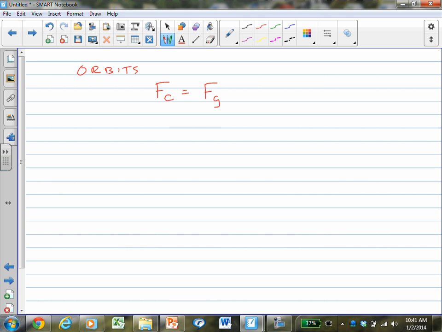So if we start with the formula g equals G times the mass of the planet over r squared, and if we realize that g is an acceleration in centripetal movement, then from before, remember ac was v squared over r, so v squared over r is G times Mp over r squared.